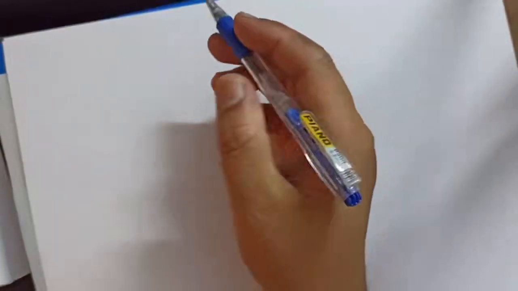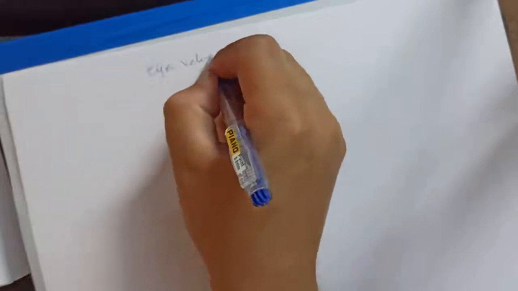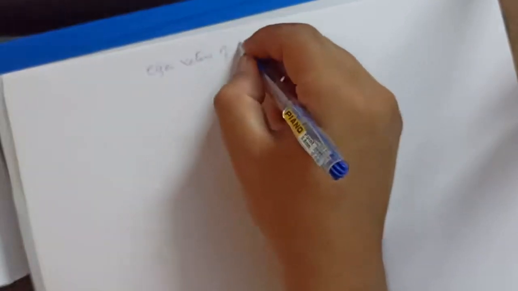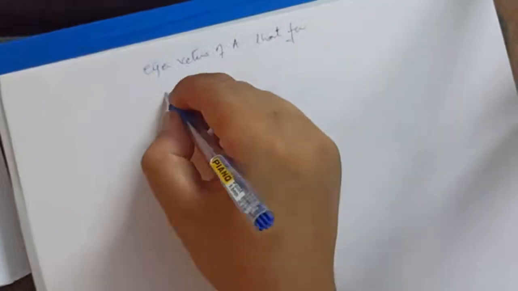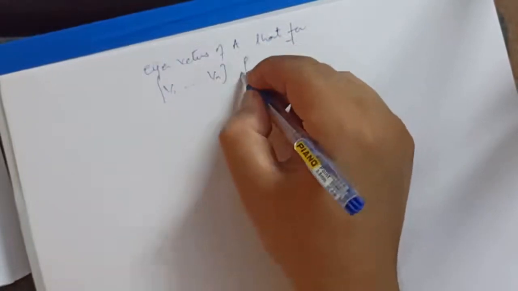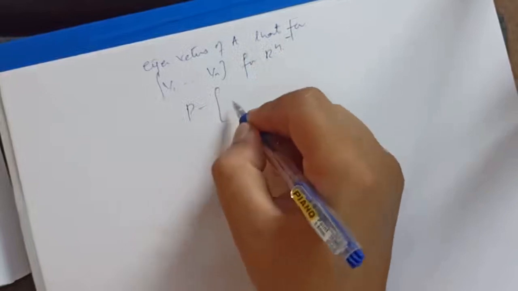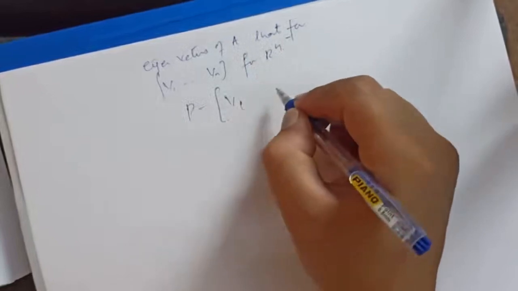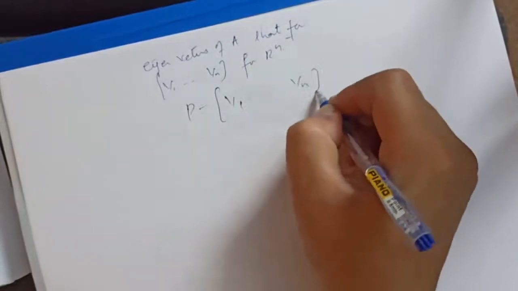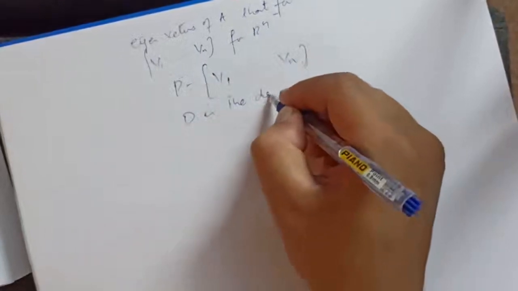So we say that there are eigenvectors of A that form a basis set, which is v1 up to vn for Rn, and we know that we make a matrix P for diagonalization, which is v1 up to vn, and D is the diagonal matrix.